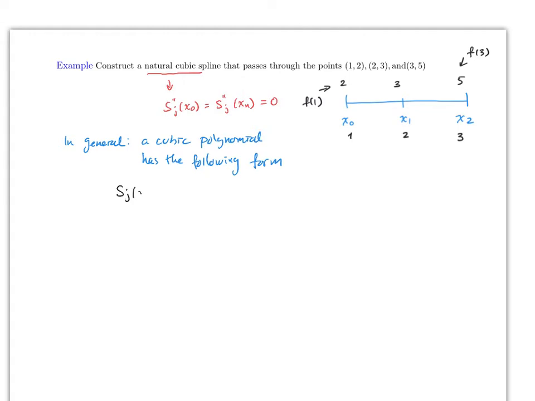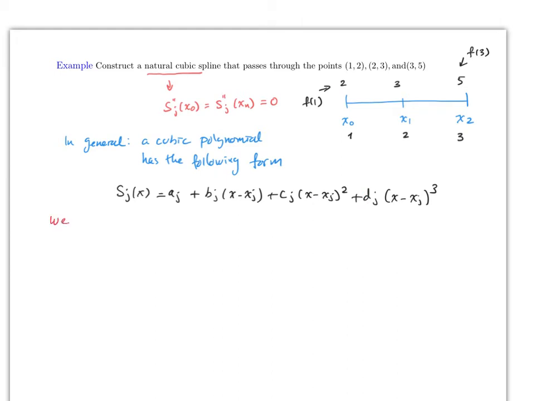So Sj of x is going to be equal to aj plus bj times (x minus xj) plus cj times (x minus xj) squared plus dj times (x minus xj) cubed. So this is the general form of a cubic polynomial. So all you have to do is figure out the constants and you're good.